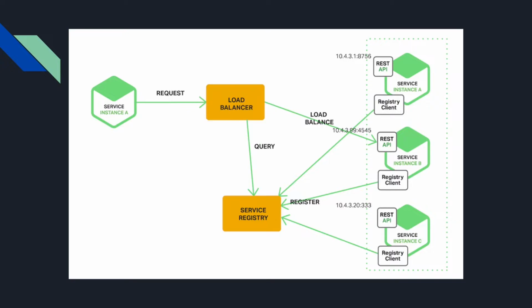It's up to the application. Once the load balancer receives the service credentials, the port and the host name, it's going to use that as the proxy path. It's going to use that as the upstream, and then just forward the request to that service instance.